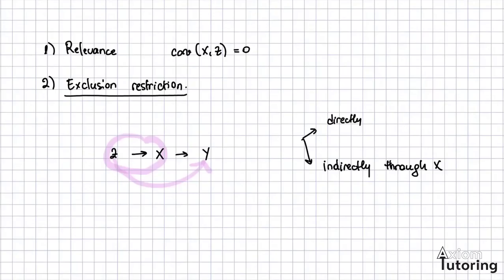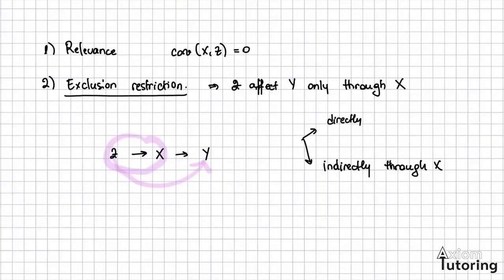The exclusion restriction requires that Z affects Y only through X. No direct path, okay? So the direct path from Z to Y must be excluded from the model.